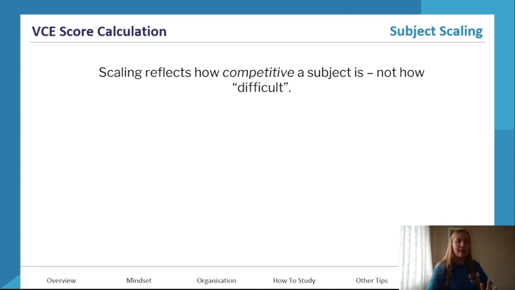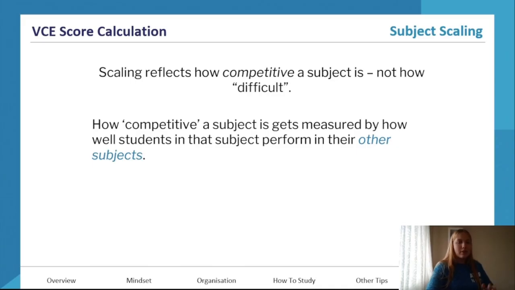It's actually reflecting how competitive a subject is, not how difficult it is to learn or study or complete SACs or exams.